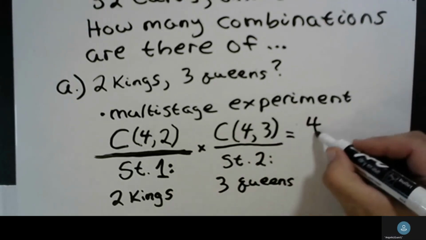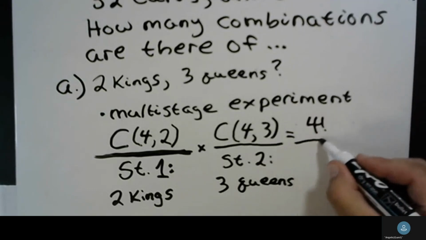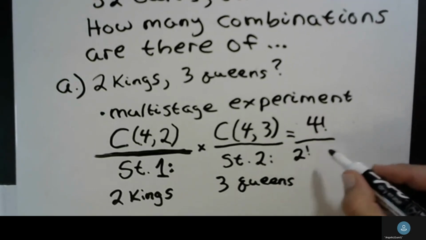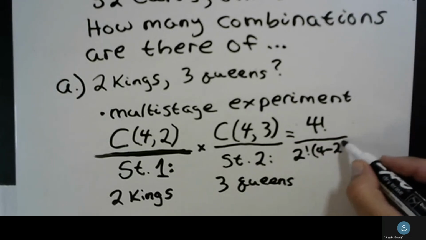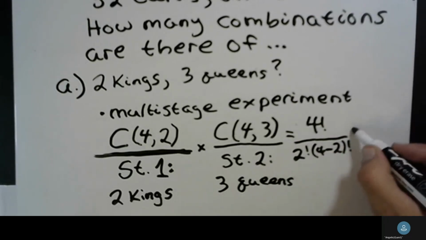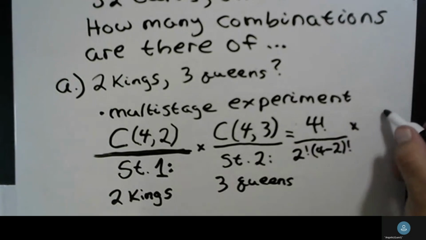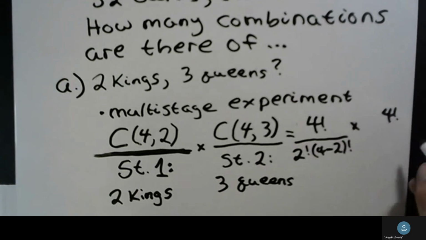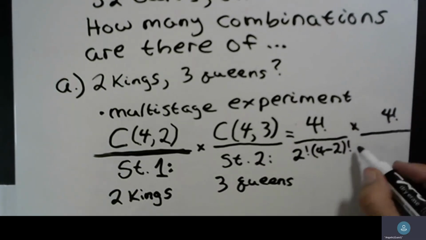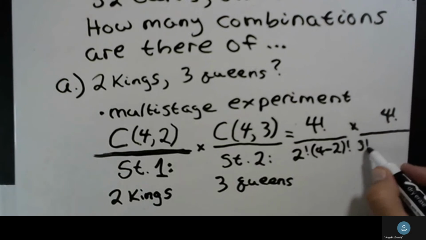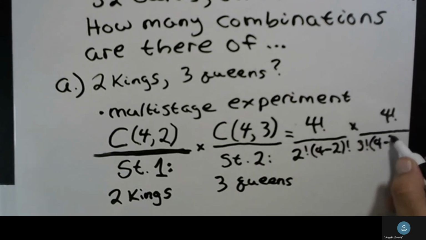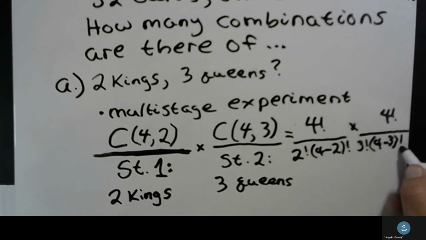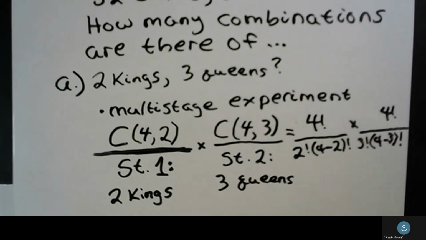So we'll get 4 factorial over 2 factorial times (4 minus 2) factorial, times 4 factorial over 3 factorial times (4 minus 3) factorial.